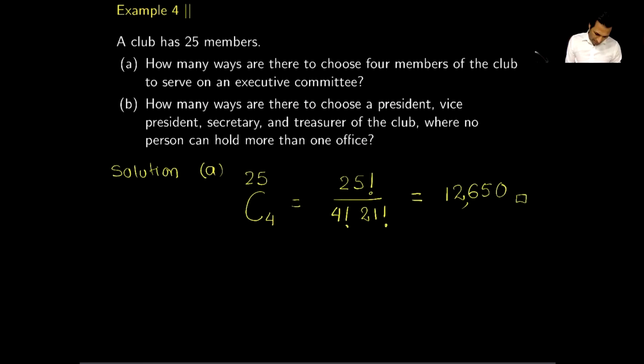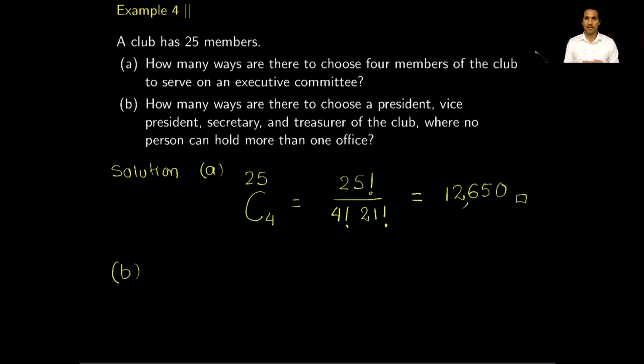However, in problem number 2, you see that the order really matters, because once we select a person, we have to make them president, vice president, secretary, or treasurer. So in this case, you cannot simply use the combination or selection.